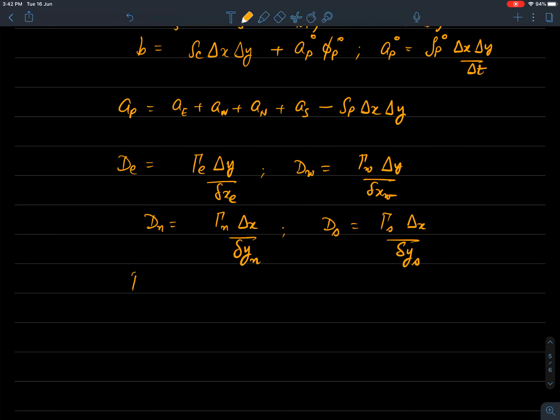And the Peclet numbers could be defined as Fe by dE, Fw by dW, Fn by dN, and Peclet south will be Fs by dS.